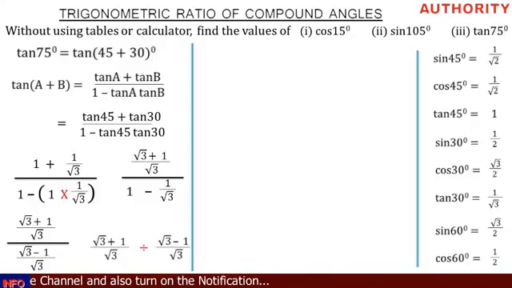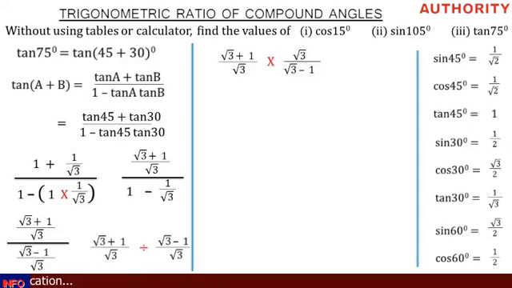That is, the denominator will come up to the numerator, and the numerator will come down to the denominator in our right hand side. Now let's go. So when we do so, we're going to have root 3 plus 1 all over root 3 times our denominator, which is root 3, will be our numerator now. So we'll have root 3 all over root 3 minus 1. Is that clear? Yes.